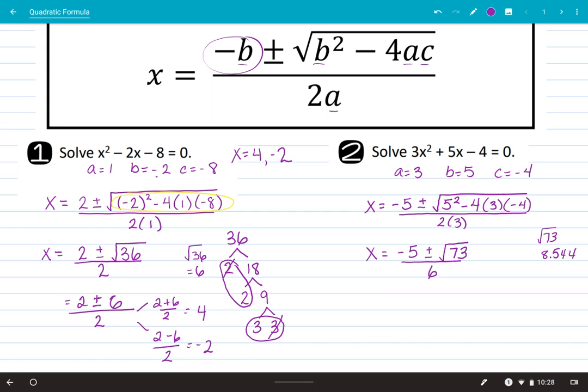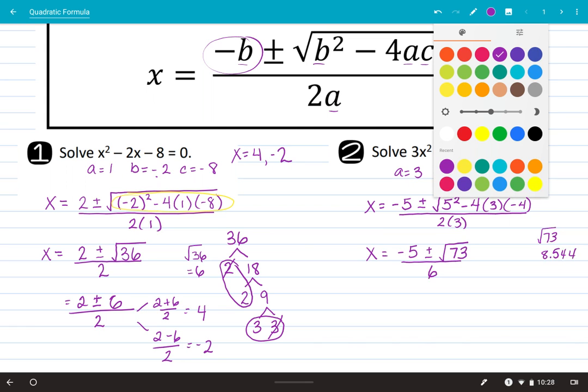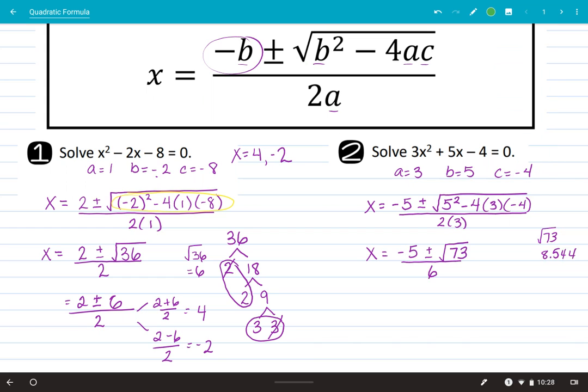Now on the Google assignment, you're going to want to get this as a decimal, okay? So to take it further, and you know me, I like to try to do it as easy as possible. So this is one answer, okay? The other one, so on the Google assignment, you're going to go negative 5 plus or minus.